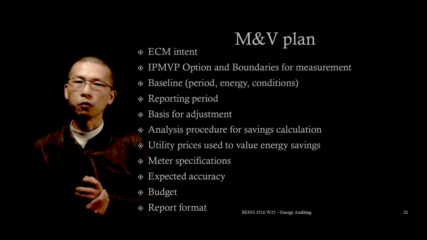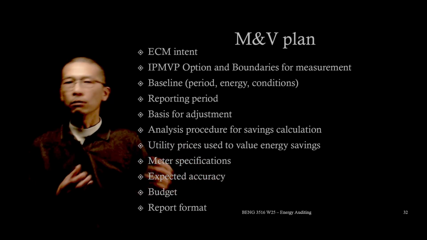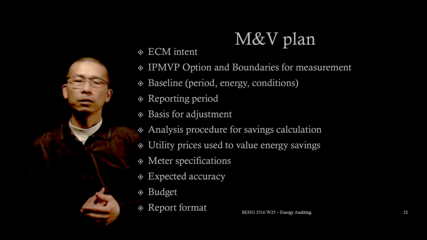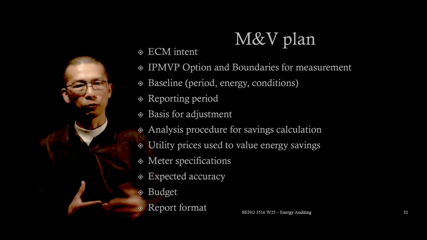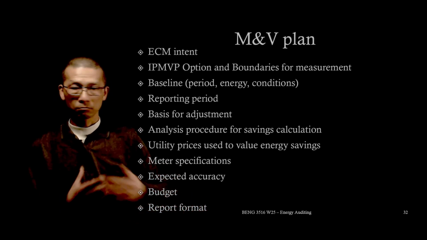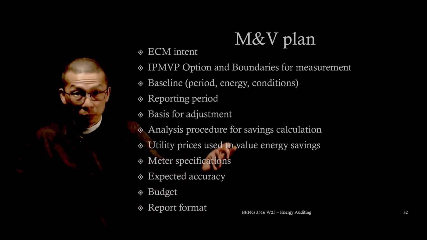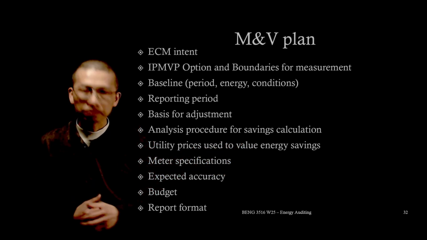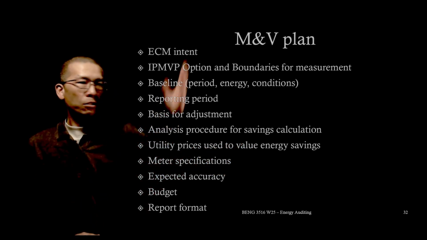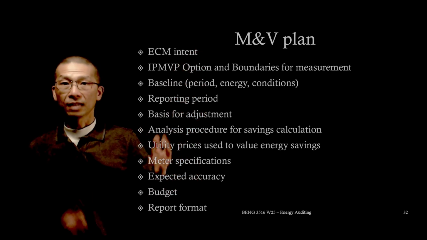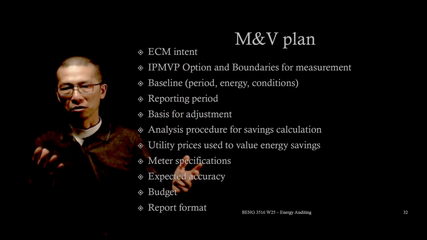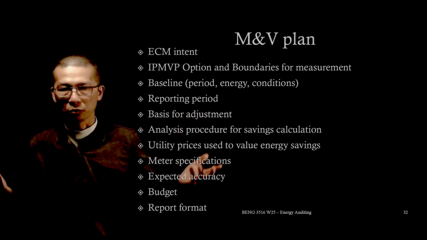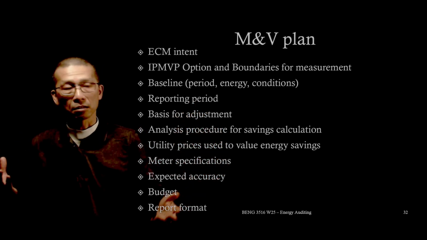And the report format describes how the final result, the method, the assumptions, they all have to be documented and reported to stakeholders for transparency and verification. Okay. So this is again a structured approach that ensures the MMV process can be trustworthy, transparent, consistent.